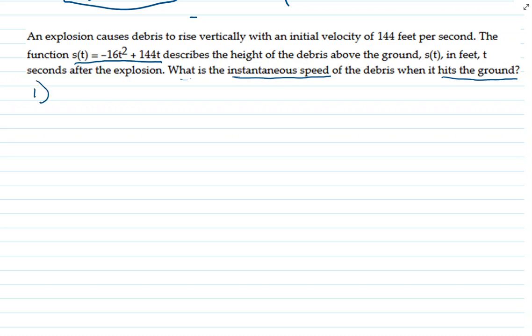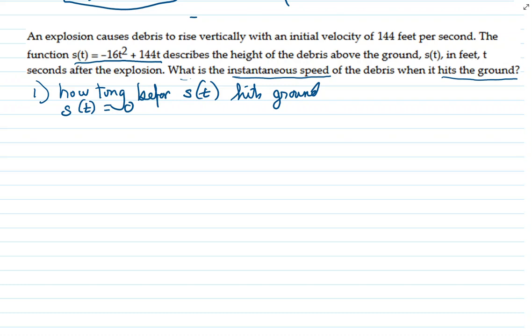So our first step is how long before S of t hits the ground. All right, so that means that our S of t, our height, is 0. Okay, so we said 0 equals negative 16t squared plus 144t.